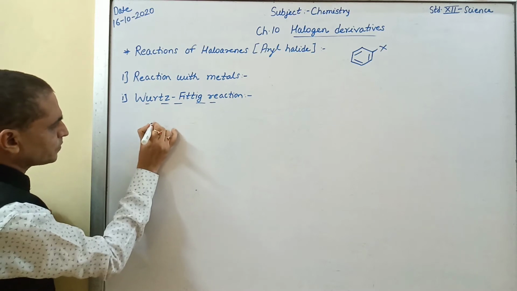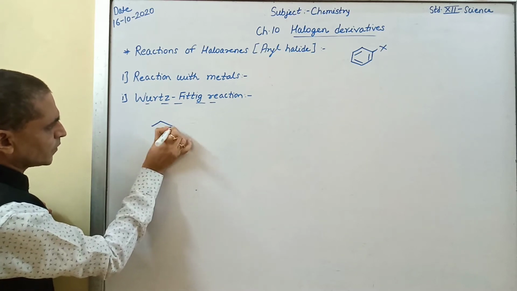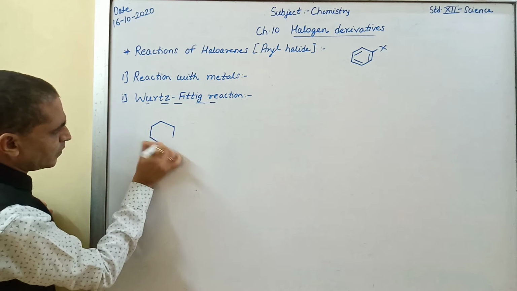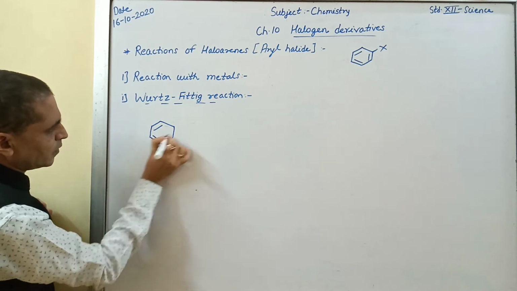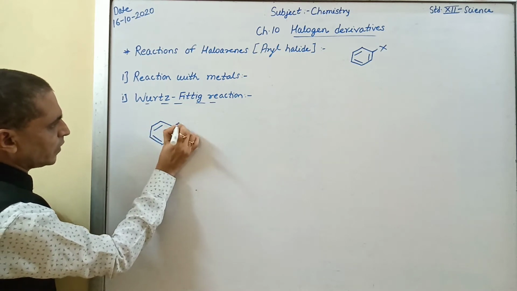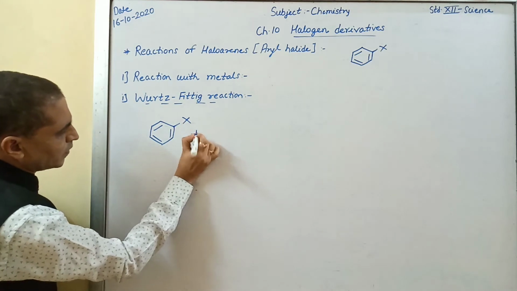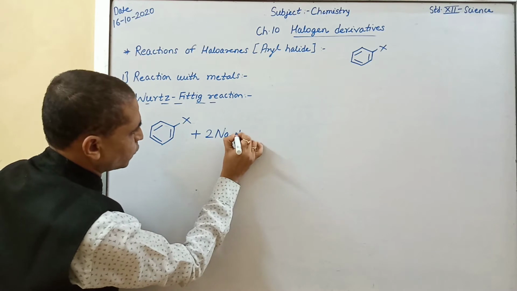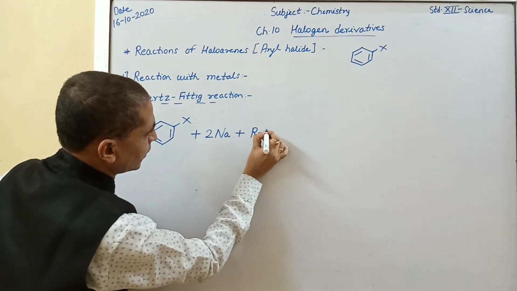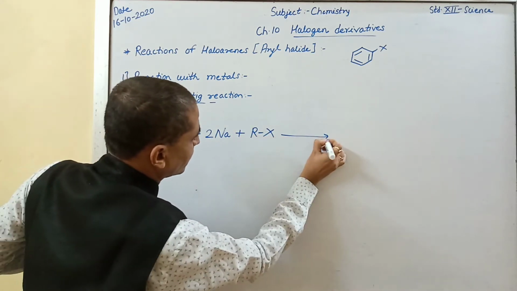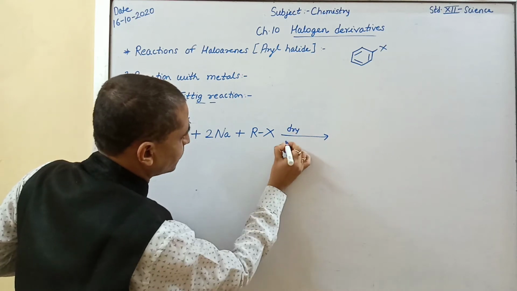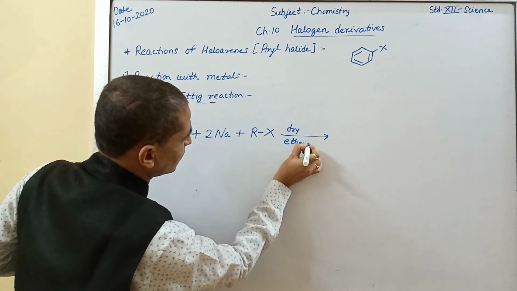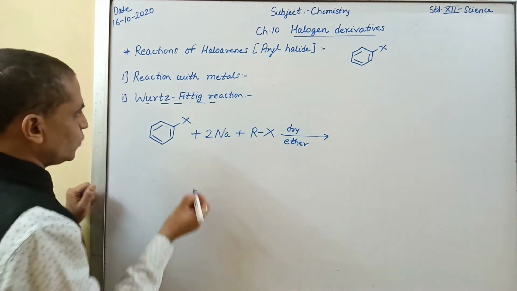First we will write aryl halide, take sodium metal, dry sodium metal, and one molecule of alkyl halide. This reaction is carried out in presence of dry ether. You know what happens?